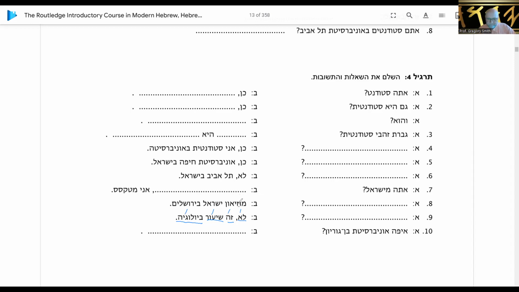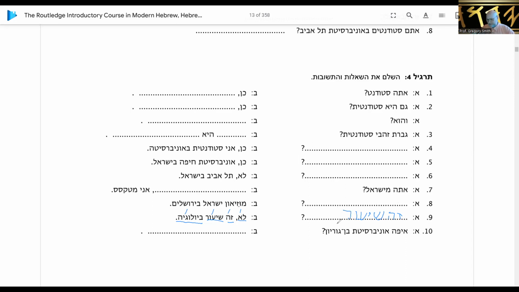So we could say "ze shior." Oh, that's too much, I cut a little bit of that off. It needs to be a vav. It's more a whole M actually, but it's the form of a vav.